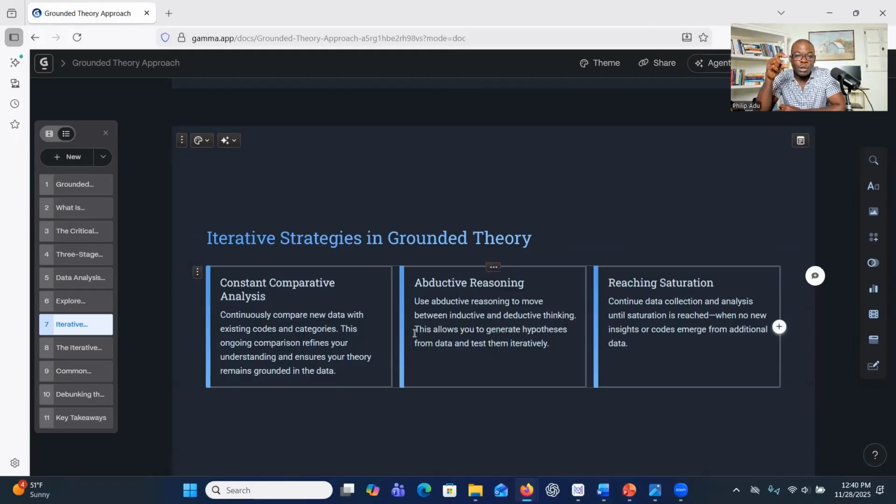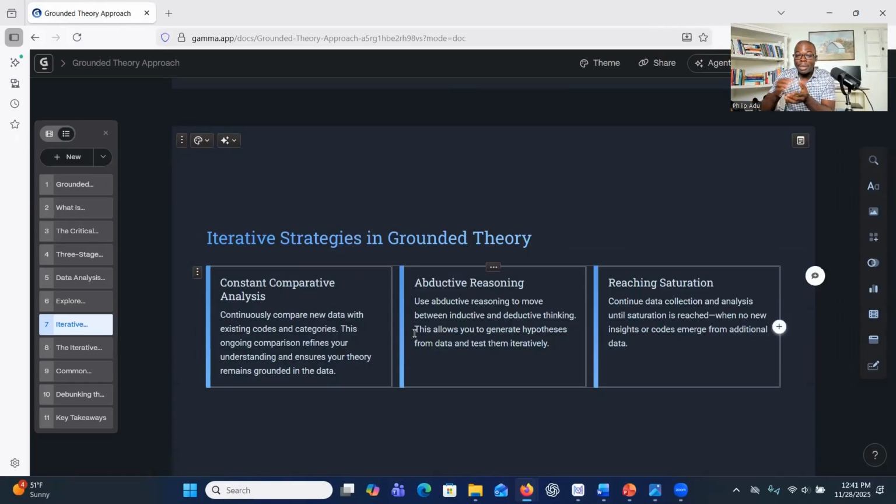But when you develop a theory, you have to go back and apply constant comparative analysis, comparing what you have proposed in terms of the theory to what is in the data. So you see that in the middle, you suggest a theory based on the initial data that you have. You go back to the data again, or you collect more data, and see whether the data is confirming the theory that you have developed.